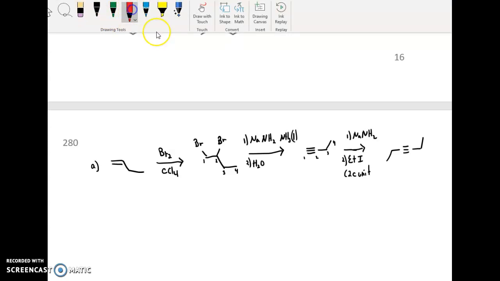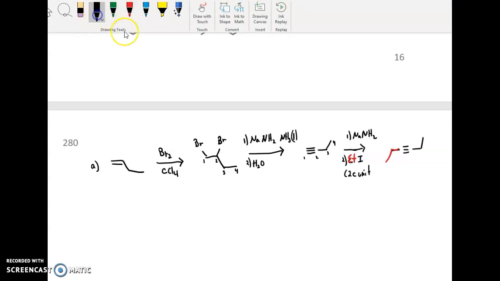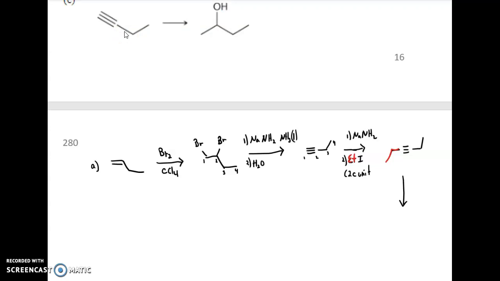Just for clarity, let's do the ethyl in red, and we'll show this one as being the one that we added. Okay, now we need to reduce this. We need it to be cis, and we don't want to reduce it all the way to an alkane. We want to keep the double bond, so we'll use Lindlar's catalyst and some hydrogen, and we will get what we're looking for.